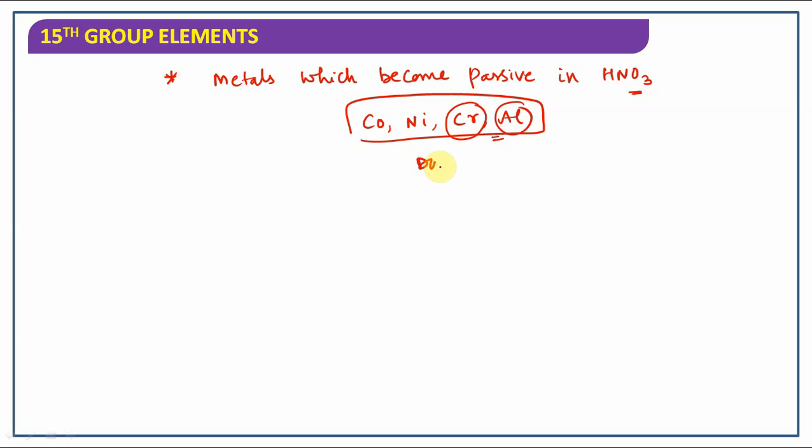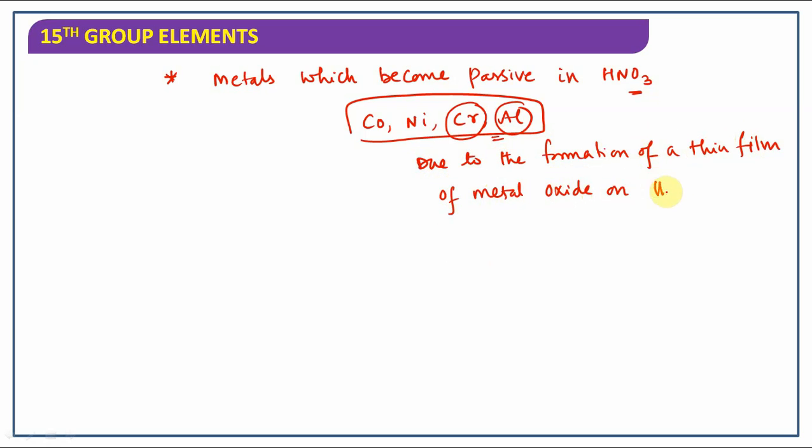So it is due to the formation of a thin film of metal oxide on the surface of the metal. Because of it, cobalt, nickel, chromium, aluminum are rendered passive.